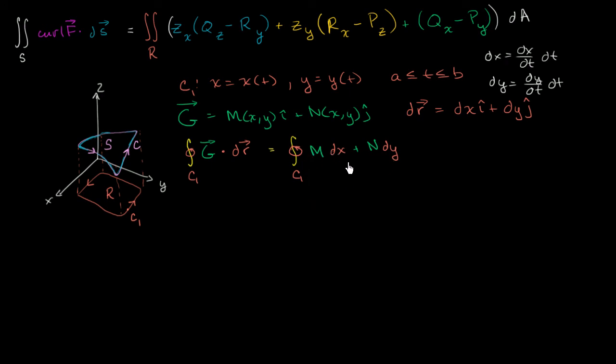So then this will be equal to the integral in the domain of our parameter. So now we are in the t domain, and t is going to vary between a and b.